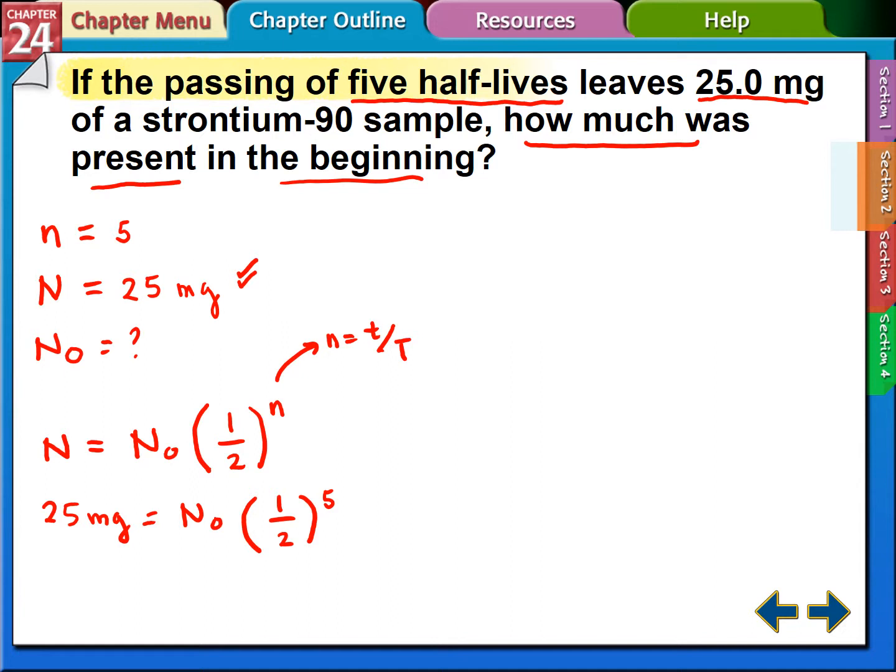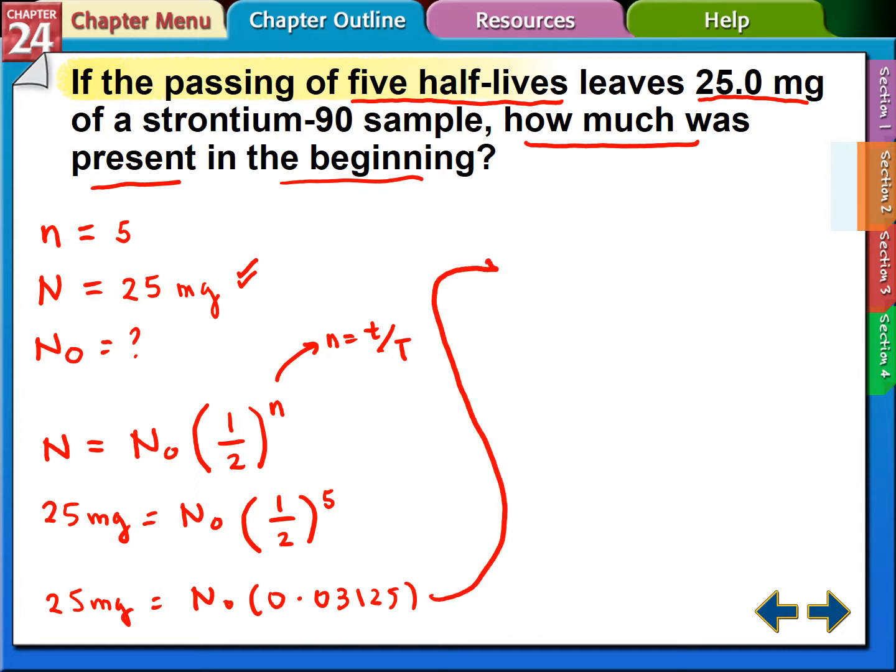So let us manipulate or simplify this equation. That's 25 milligrams is equal to N sub 0, and 1/2 raised to the power of 5 is equal to 0.03125.